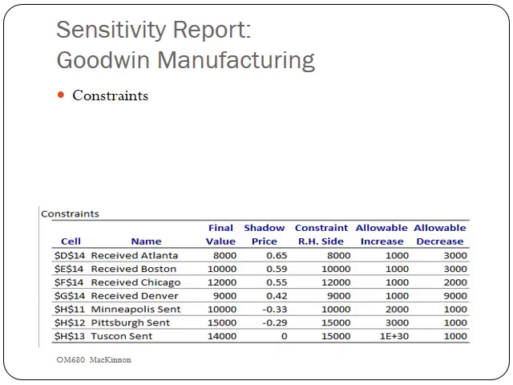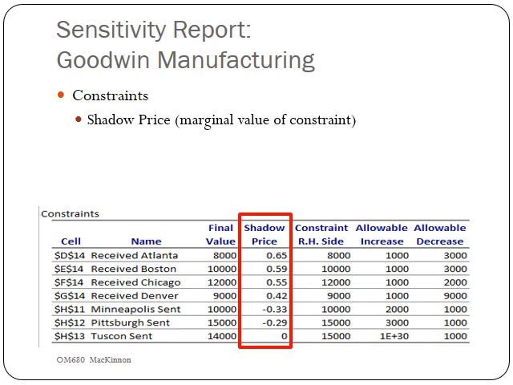So here we have the sensitivity report on the constraint side for Goodwin Manufacturing. This is the lower half of the table. We have the constraint cells, their names, the final value. This is essentially the left-hand side values that solver comes up with. We have the shadow prices. These are the marginal values of the constraint.